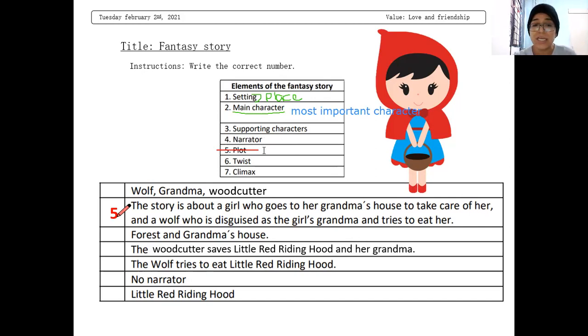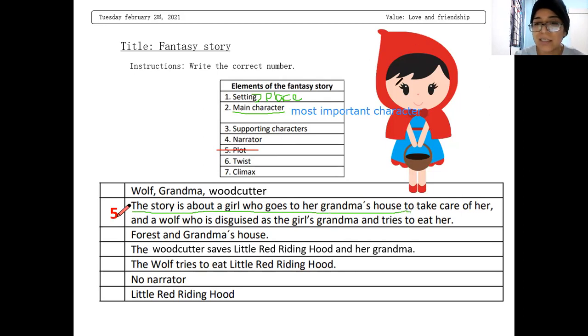Then the plot. Yo te doy con the plot. Acuérdate que plot, it's like the resume or like the script. Es como digamos, el resumen de la historia. Okay, that's the plot. Dice, the story is about a girl who goes to her grandma's house.